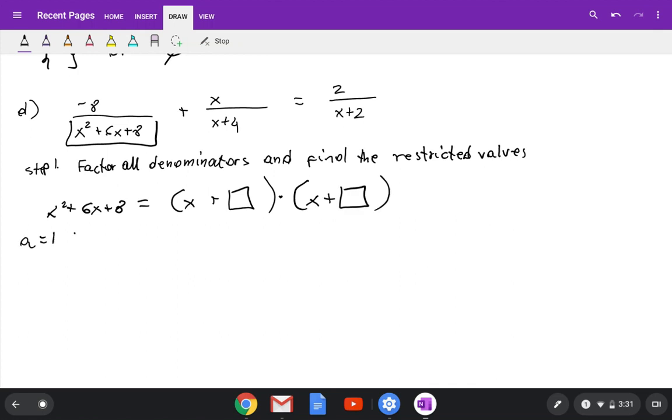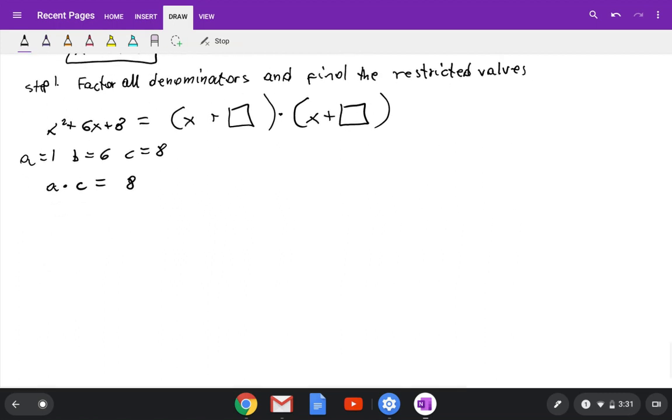A is equal to 1, B is equal to 6, C is equal to 8. So A times C is equal to 8. Find two integers which by multiplication give you AC, which is 8, and the same two integers by addition give you B, which is 6.